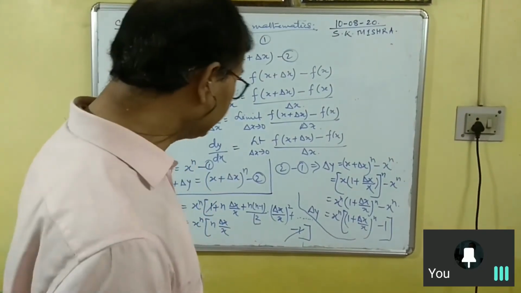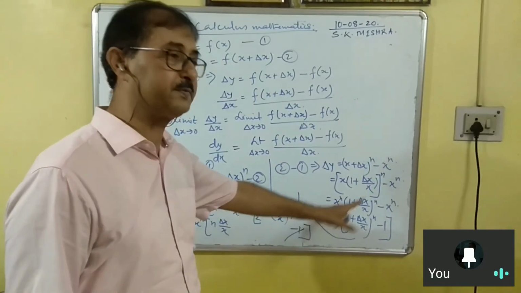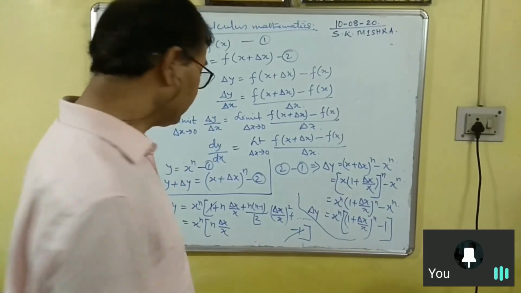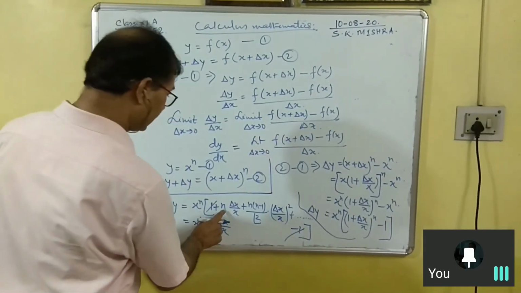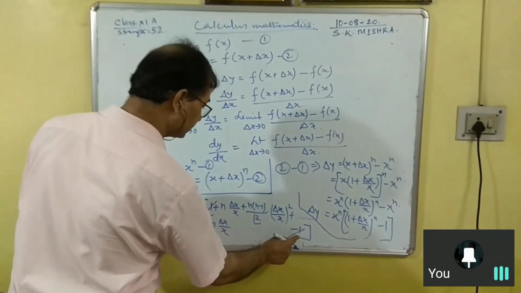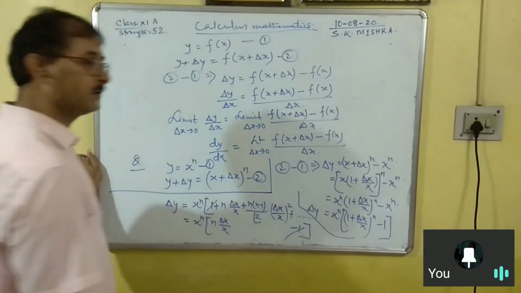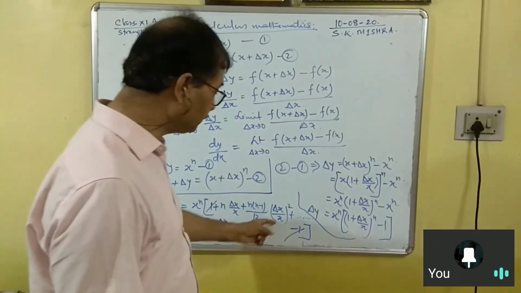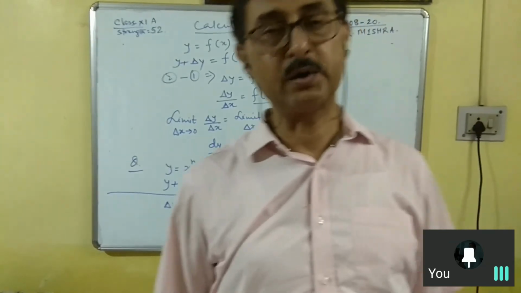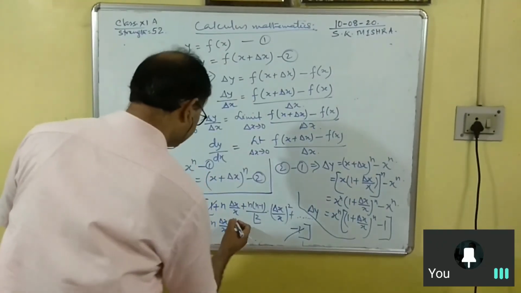So ignoring the higher powers of delta x by x, like square, cube, fourth, fifth, sixth, which will come in the series, we are taking only the first term and the term with delta x by x. This one and this one will cancel out. Forget about these terms, because delta x by x is very small, and the 2 power, 3 power, 4 power will come so small that you can ignore it. Okay?